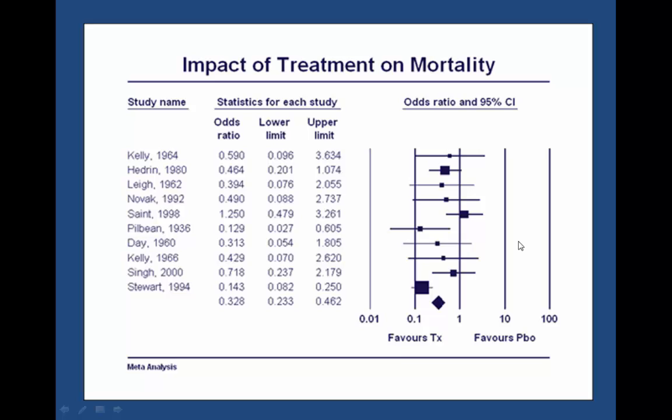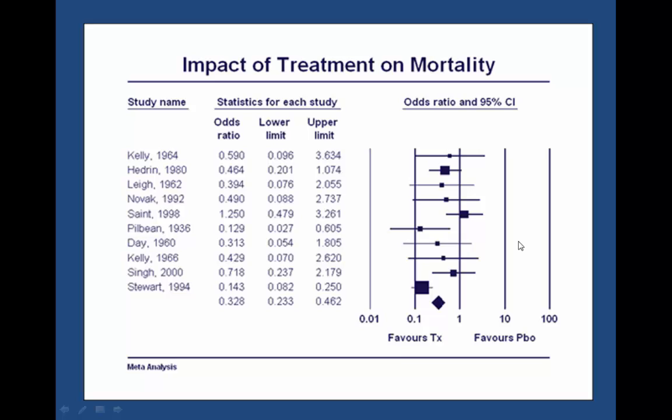Sometimes they'll have like 1, 10, 100, and then they might have 0.1, 0.2, 0.3. So you do have to look at how they've actually selected to spread things across the graph. Things that are lower than 1 because it's an odds ratio favor treatment. Things that are greater than 1 mean the outcome was negative, and so they would favor placebo.